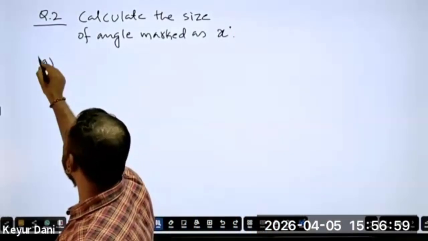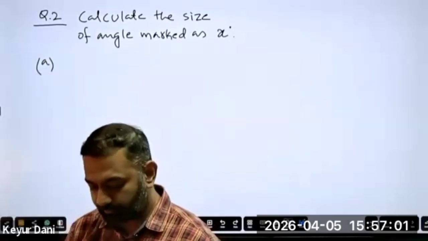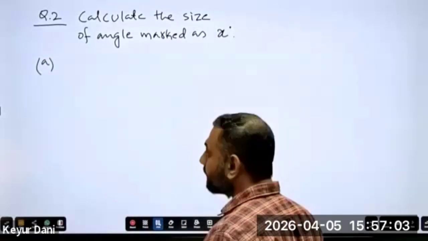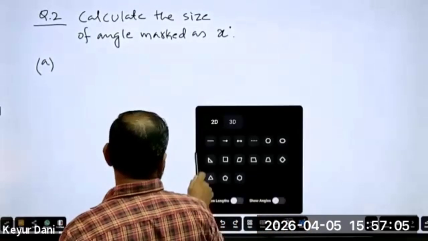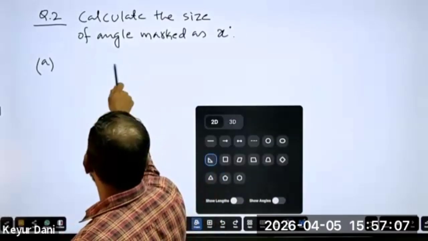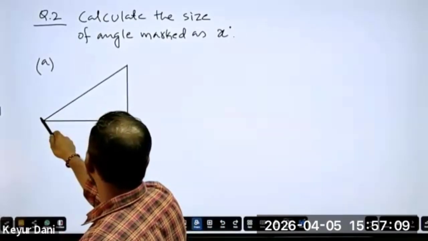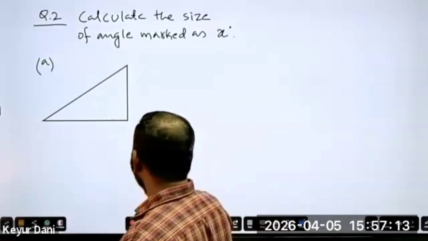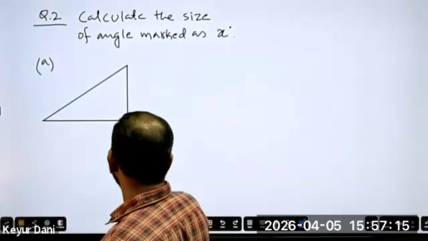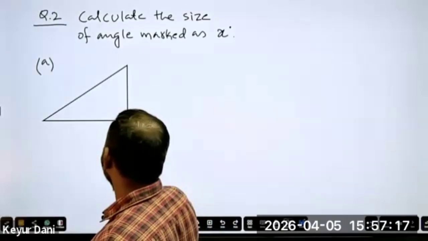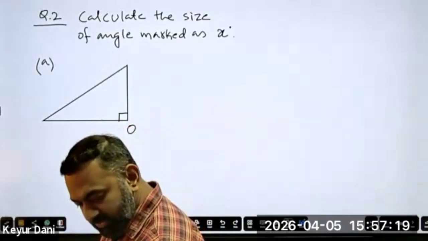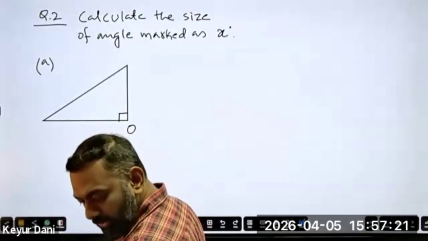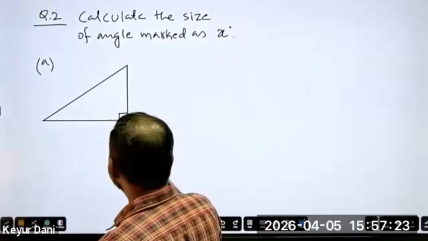In that, the first one is this diagram. OP, O is the right angle. OP is 7 centimeters.